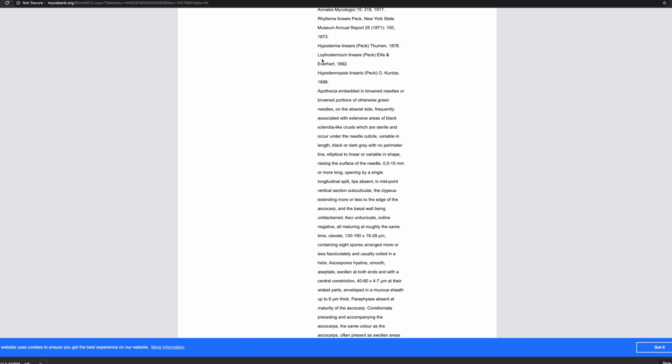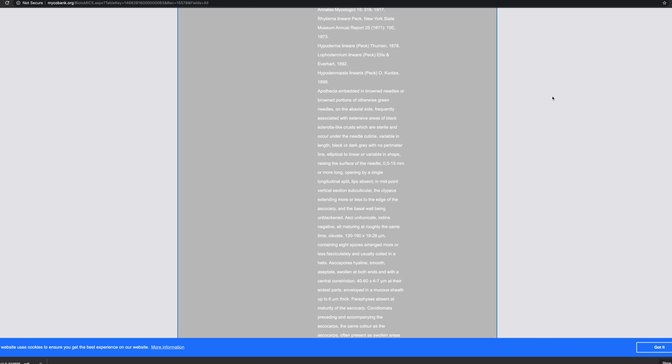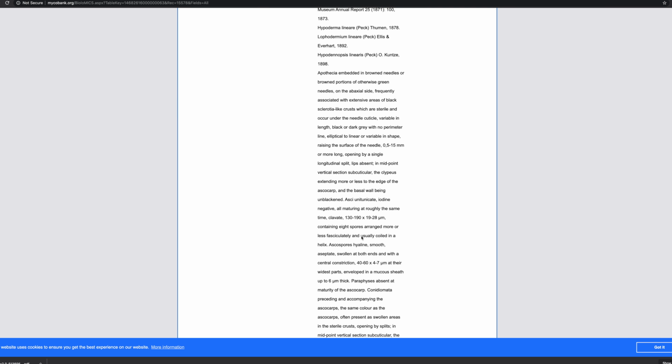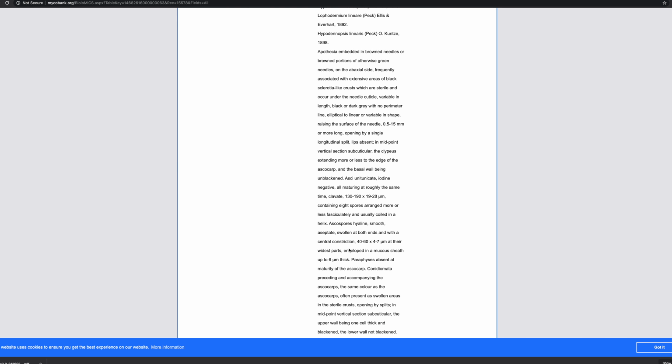So here it's giving us a description of the species. It's telling us apothecia embedded in browned needles or browned portions. So it's also telling us it has the spores, ascospores.